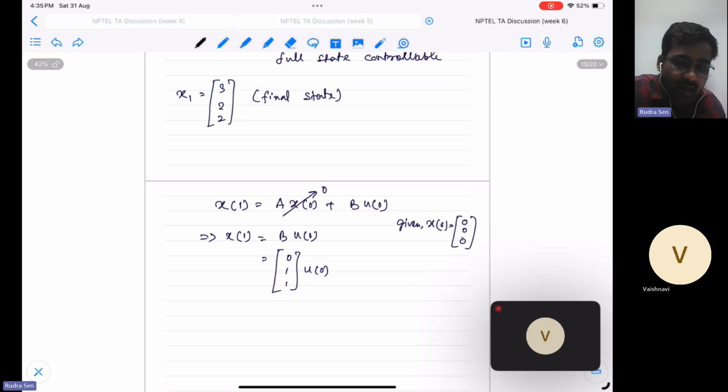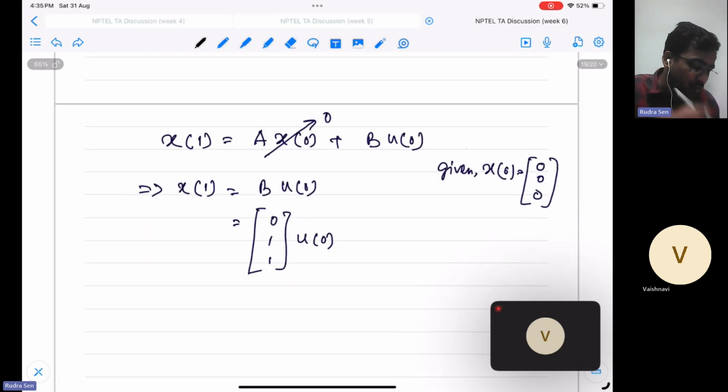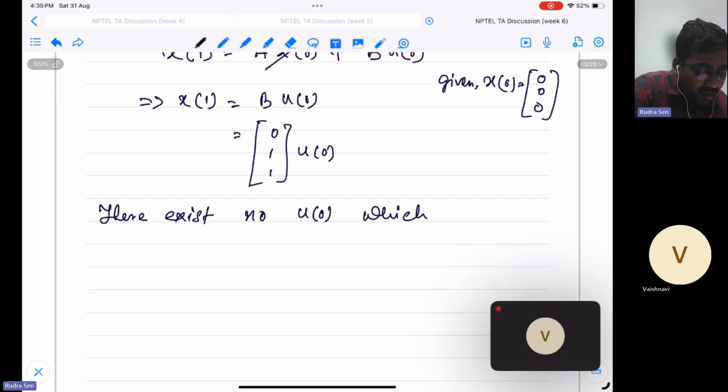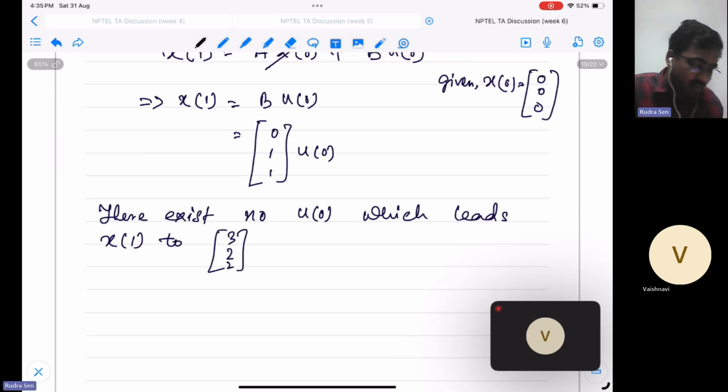So whatever u we put, we cannot reach the state. So there exists no u0 which leads x of 1 to 3, 2, 2, right?